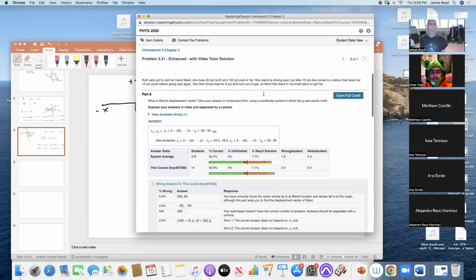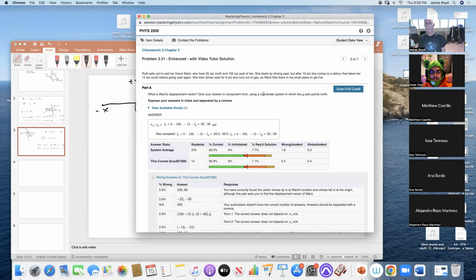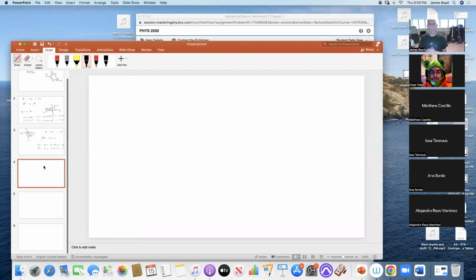All right. Now we're actually going to use these. And this is a little bit about determining resultant vectors. So Ruth is setting out for her friend Ward's house, and he lives 20 miles north and 100 miles east. So let's just do this really fast.